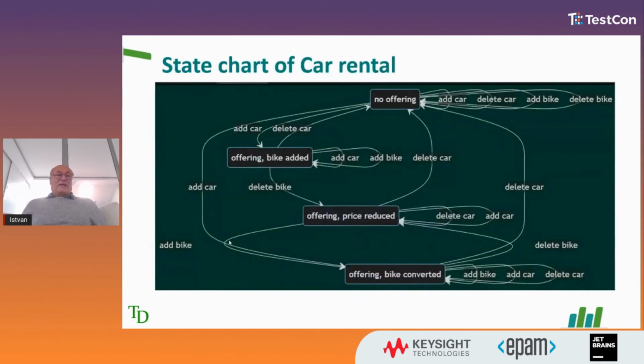So the whole model is a little bit more difficult. So I show you the state chart, and I realized that I cannot add any missing actions to this state chart. So the first model is ready.